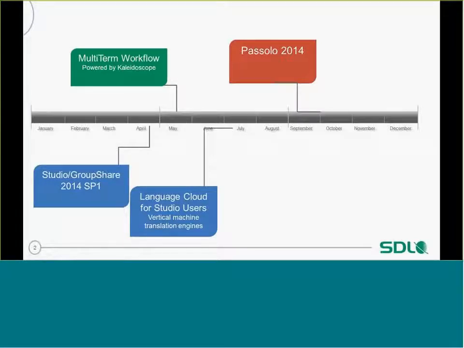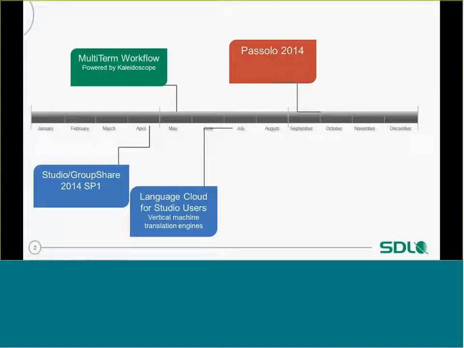We have a MultiTerm 2014 Service Pack 1 as well as a GroupShare Service Pack 1. I also wanted to mention some other updates for the next few months. We're going to launch MultiTerm Workflow powered by Kaleidoscope, which is a terminology workflow solution that works with our groups.